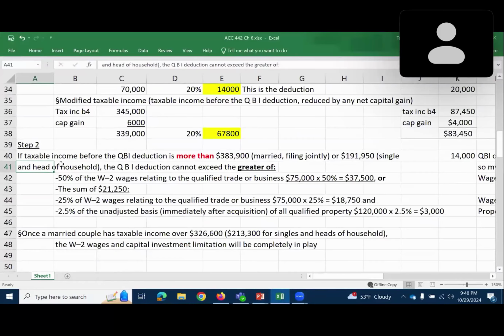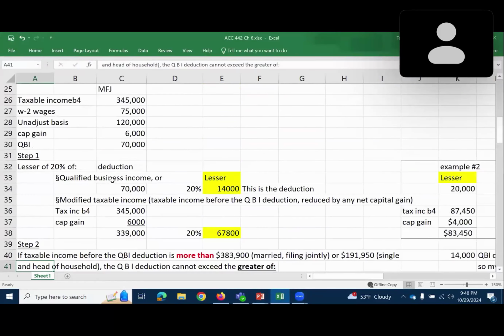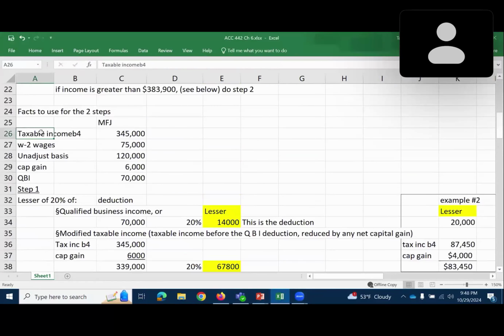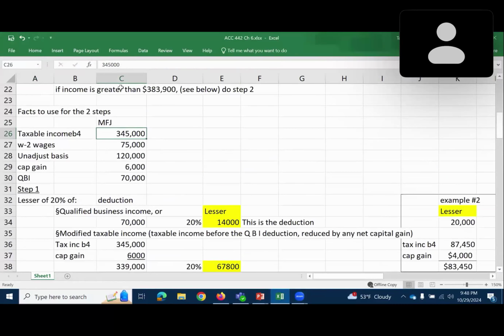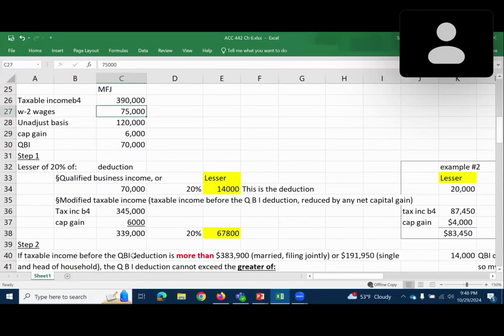So let's say I have some facts here. My taxable income before everything is 345. I'm going to change that now to 390 because the information changed. It's 390. So my taxable income is greater than the 383,900.